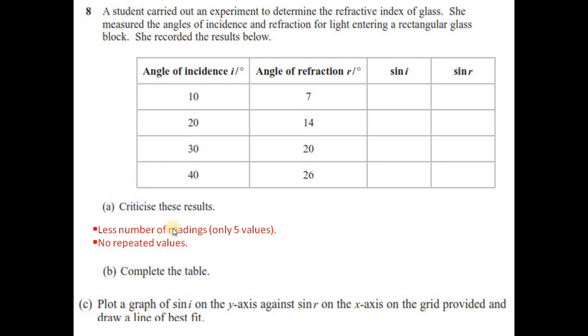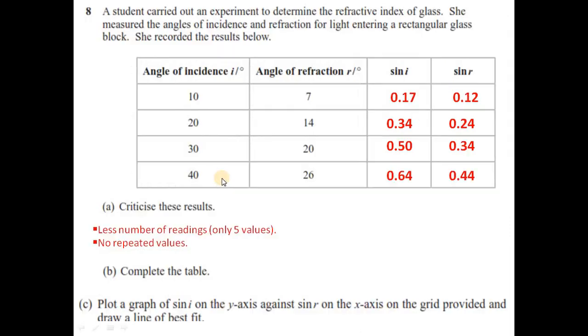Okay, complete the table. So if you see, you need to complete this table, and this is sine of angle I and sine of angle R. Using your calculator, you can calculate sine of 10, sine of 20, sine of 30, 40, and then for the second column, refracted angle, sine of 7, 14, and sine of 20, and so on.